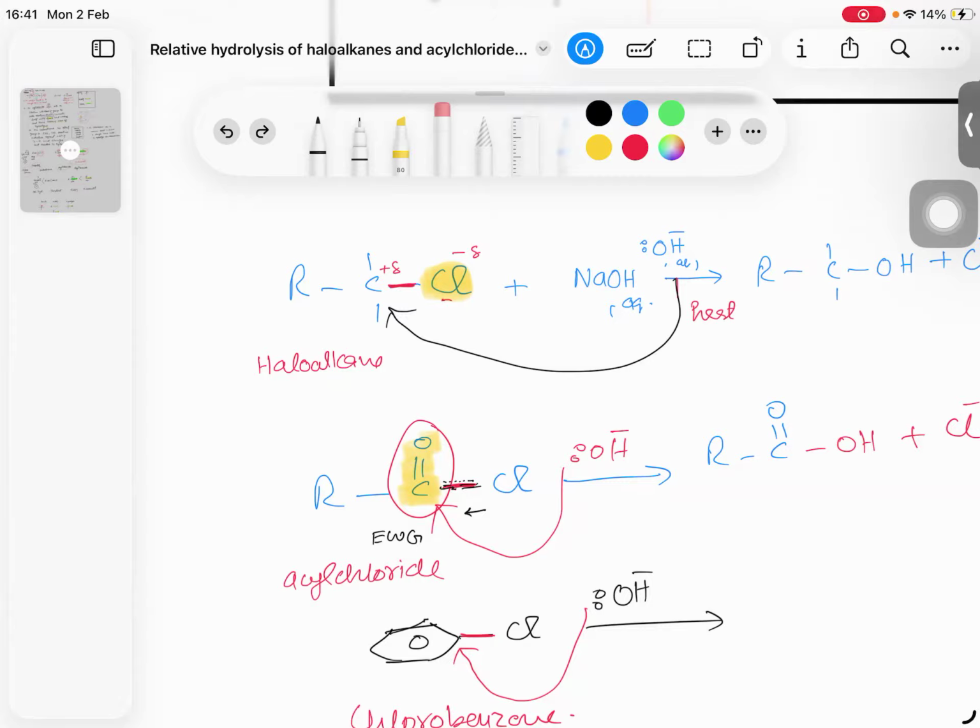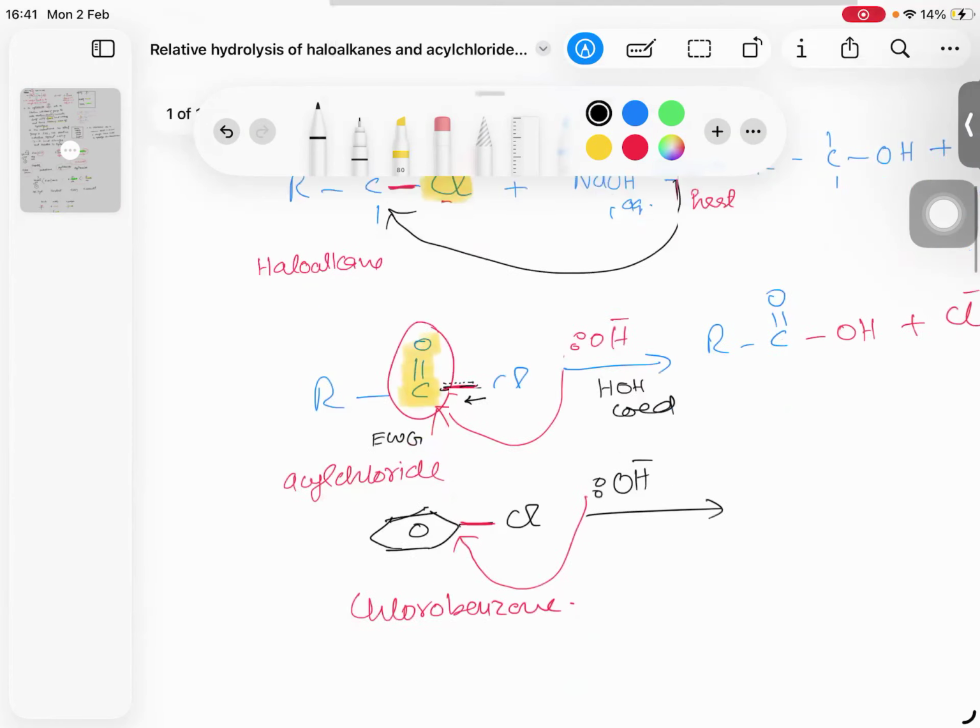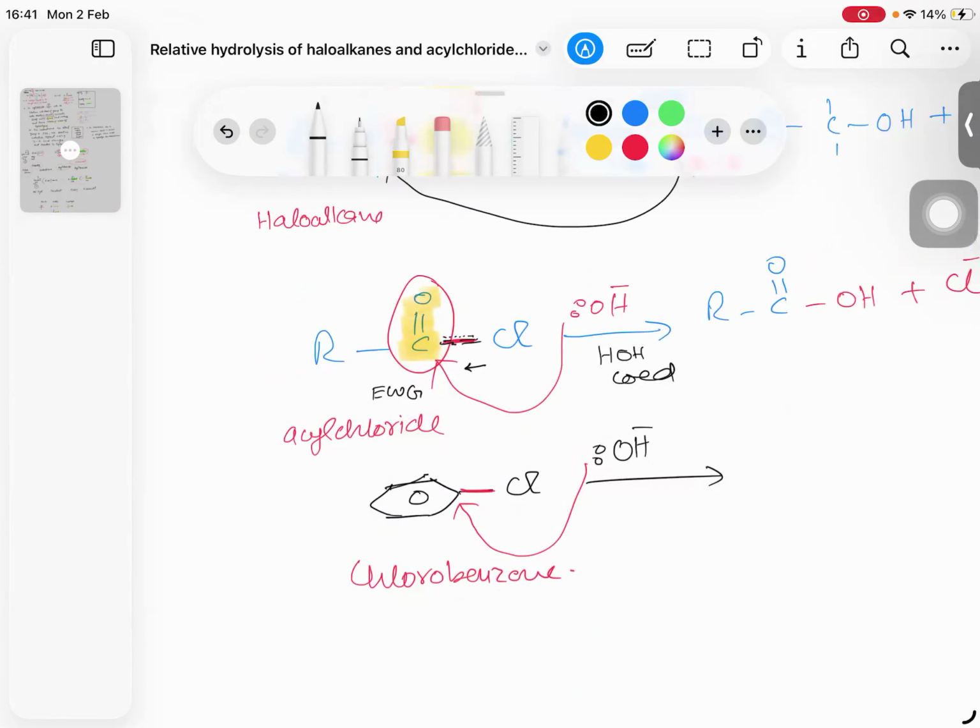Therefore, when you hydrolyze acyl chloride, you don't need any heat. Even with cold water, you don't need sodium hydroxide. You just add cold water, and the reaction is very fast and vigorous because the C-Cl bond is the weakest out of haloalkane and acyl chlorides. On the other hand, with chlorobenzene, if you use cold water, no substitution takes place.